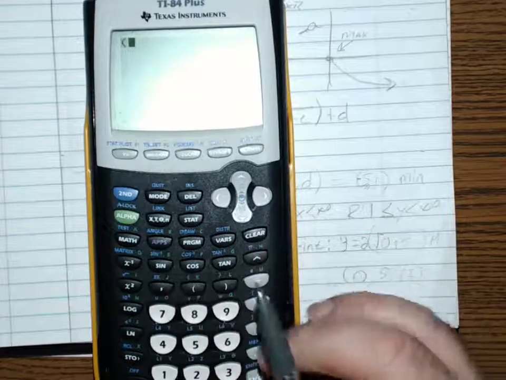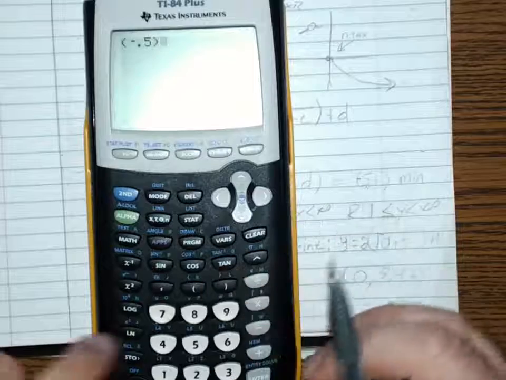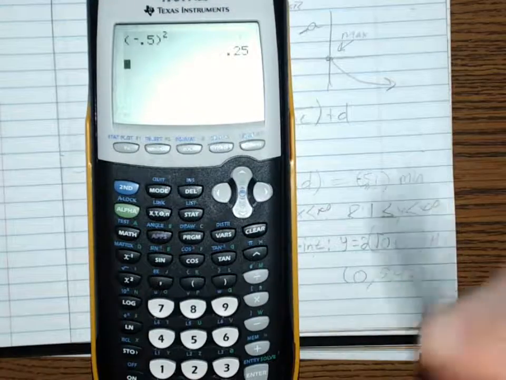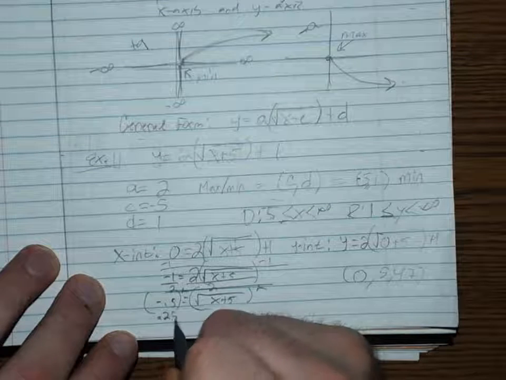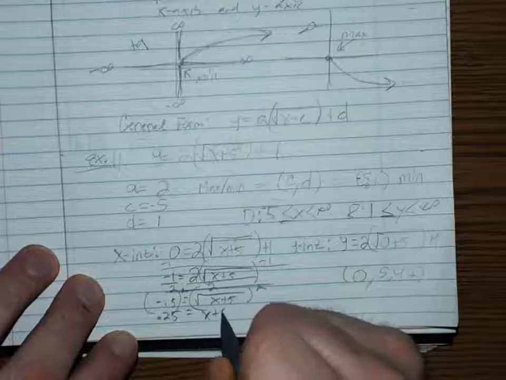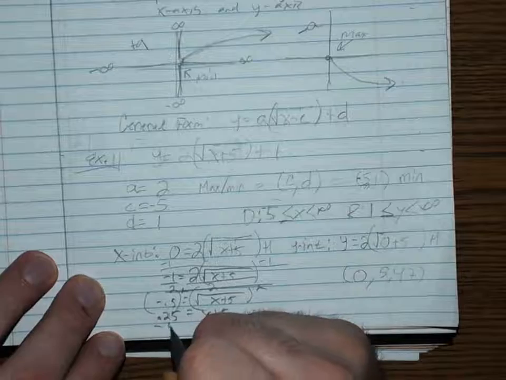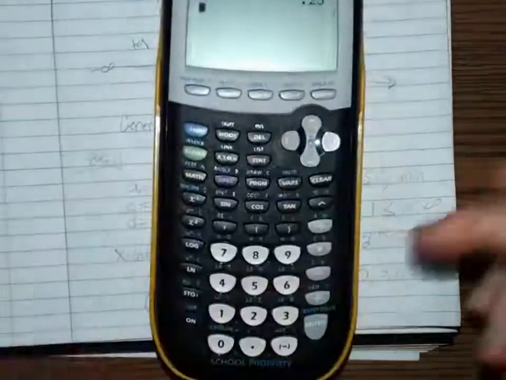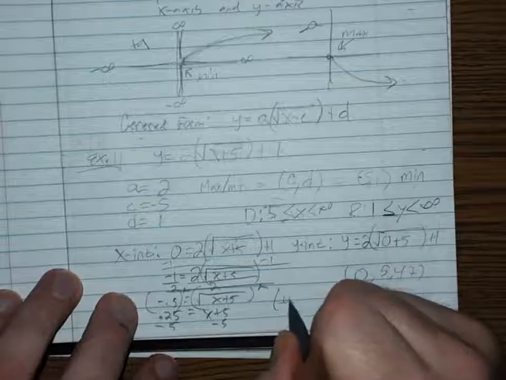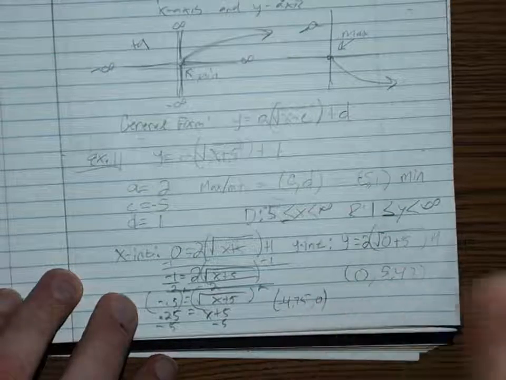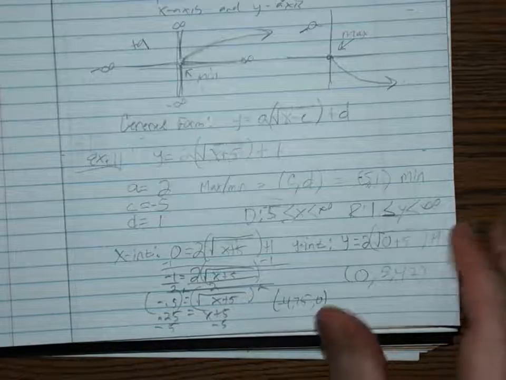What you want is negative 0.5 in parentheses squared. You should get 0.25. So 0.25 equals x plus 5. We will subtract 5 from both sides. So 0.25 minus 5, and we get negative 4.75. So this will be negative 4.75 comma 0. And that's all of my stuff.